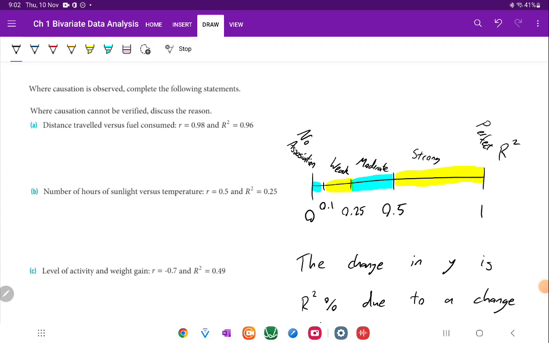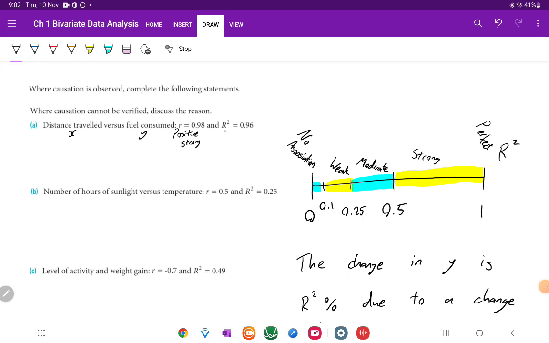Okay, so distance traveled versus fuel consumed. As you travel more distance, you're going to have consumed more fuel. It says the r value is 0.98, which means as the distance traveled increases, so too does the fuel consumed. So that's how we can read the first bit, which is that this is positive and strong.